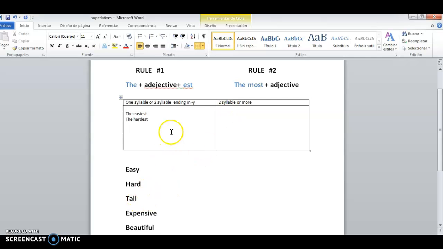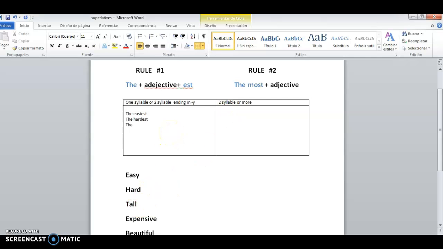With tall, same, the tallest. And with expensive or beautiful, we would say the most expensive or the most beautiful.